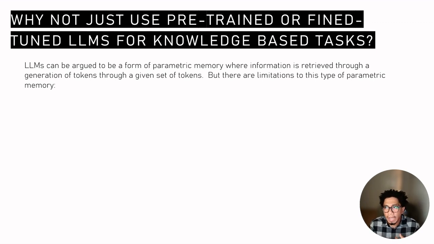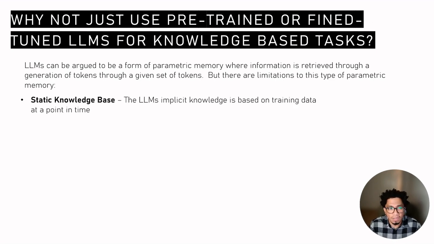Given a set of tokens, that's your query, and that's the way of retrieving some information within the LLM, such that the generated output is the retrieved information. So LLMs can be viewed that way, right? However, they tend to be a static knowledge base, right?